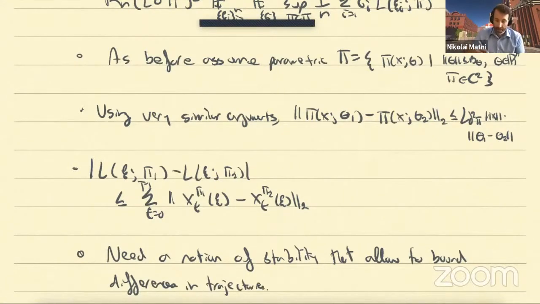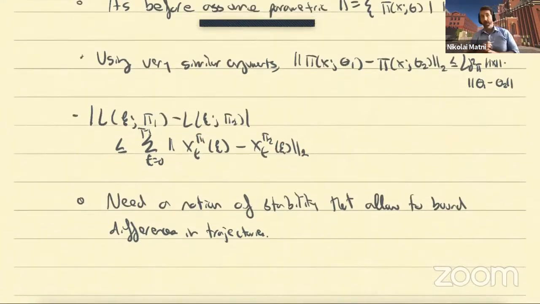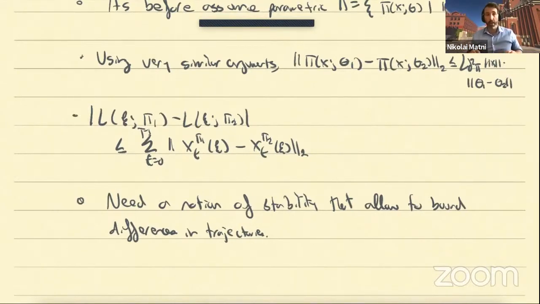Because that's really what this expression is measuring here. It's a discrepancy between the trajectory induced by pi 1 and the trajectory induced by pi 2. So this notion of stability in trajectory space is called incremental stability. So rather than worrying about stability to the origin, what we're going to worry about instead is that trajectories converge towards each other.